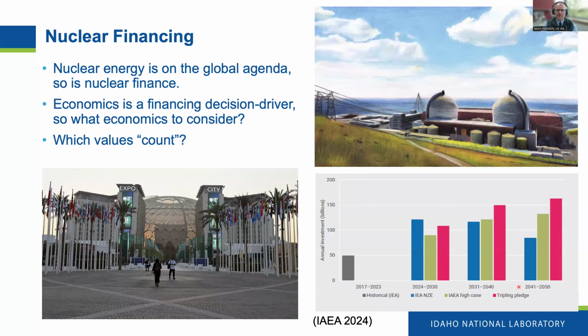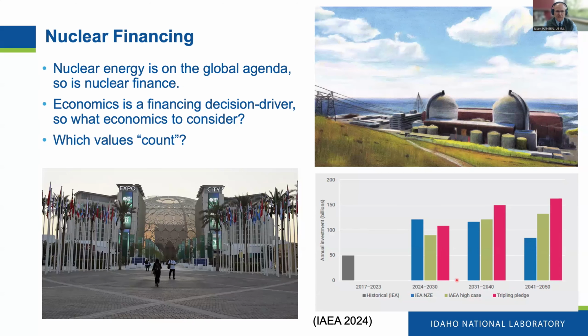They looked at it under different scenarios: scenarios where countries aimed at a policy of getting more net zero electrons on the grid, a situation where there's a great deal of investment in nuclear capacity based on different assumptions, as well as the tripling pledge from COP28.